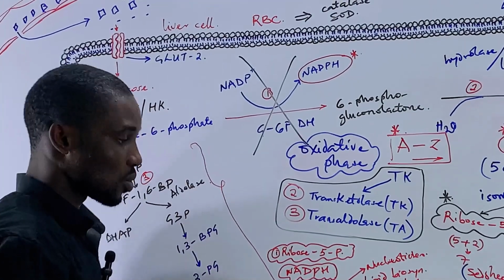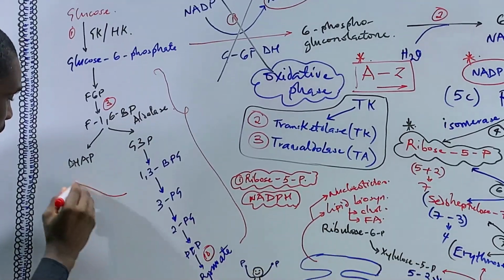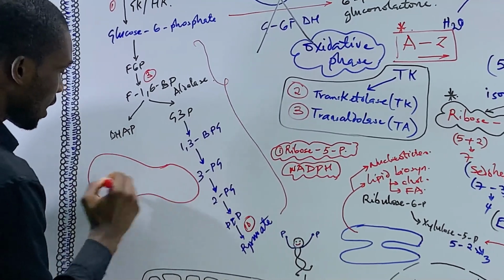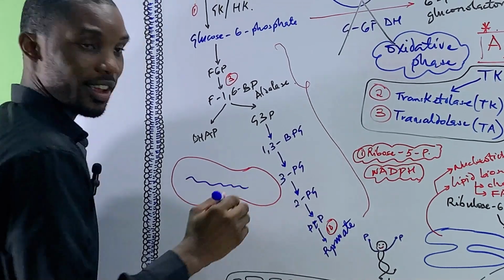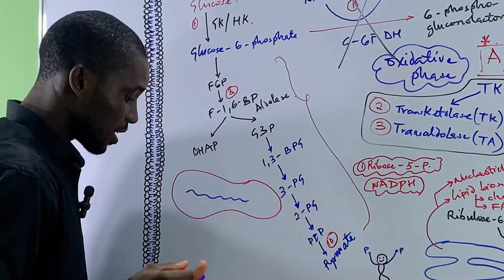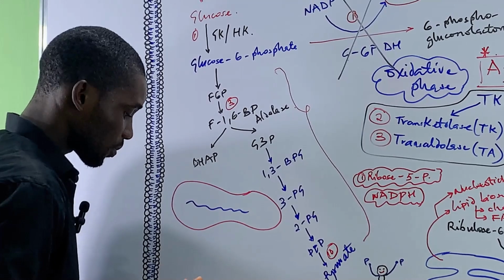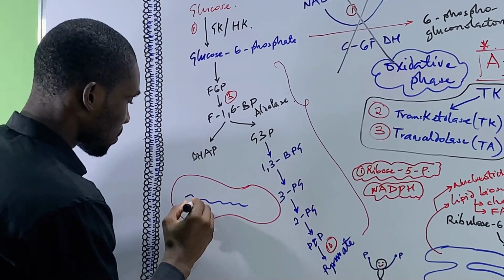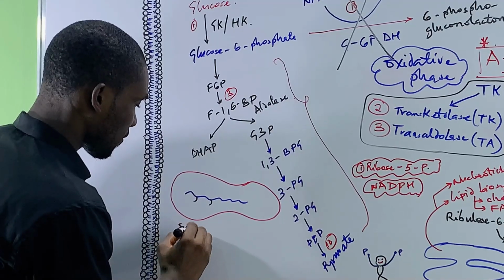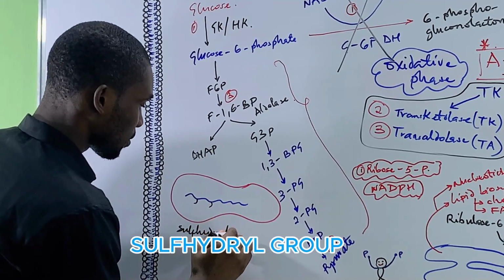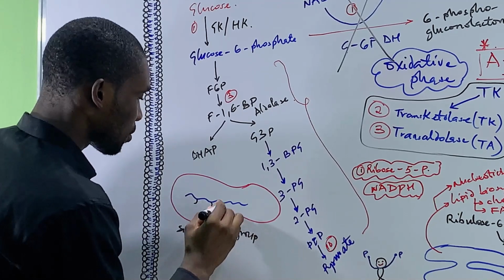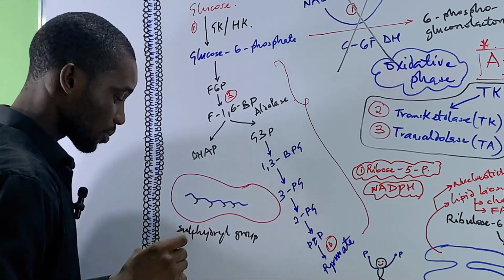And what does this lead to? We could have a red blood cell over here. And remember, in the red blood cell, we have floating what? Hemoglobin. So this hemoglobin has sulfhydryl groups. That's the sulfhydryl group. So these sulfhydryl groups are all these.